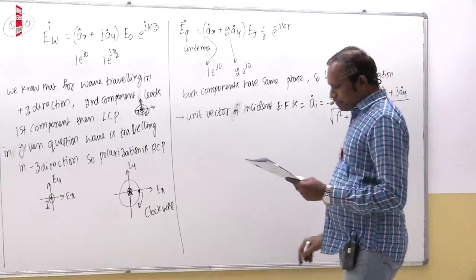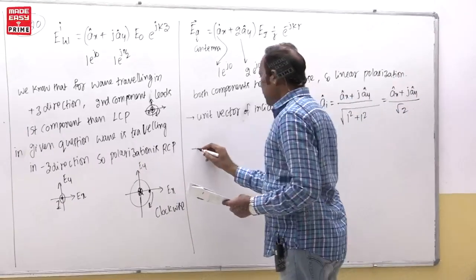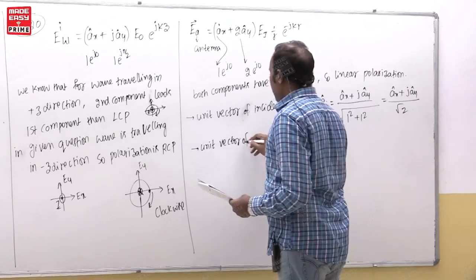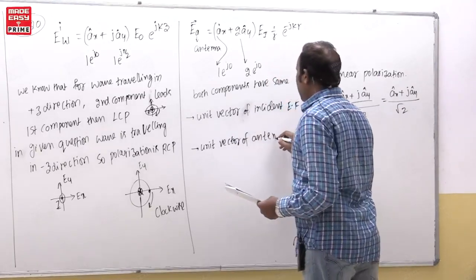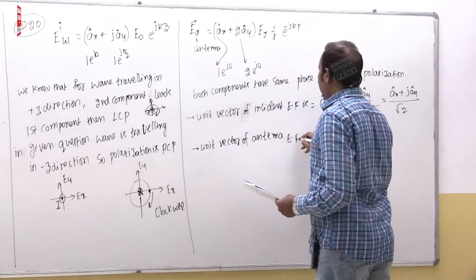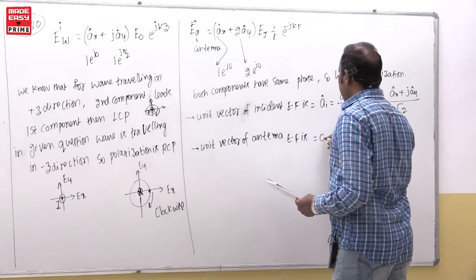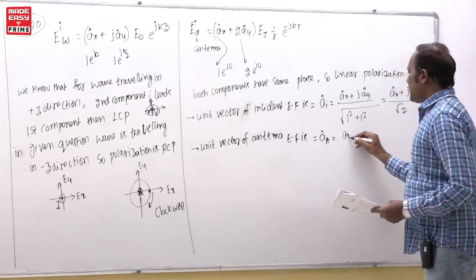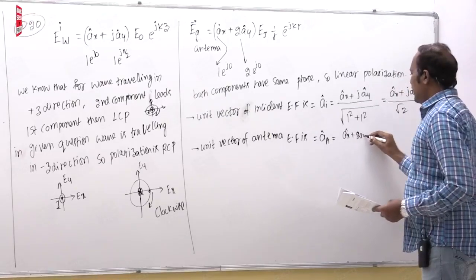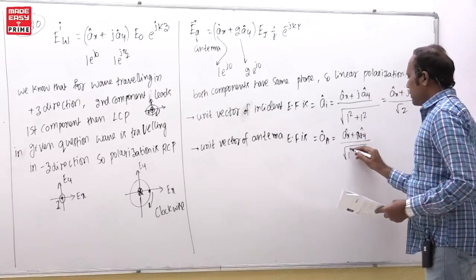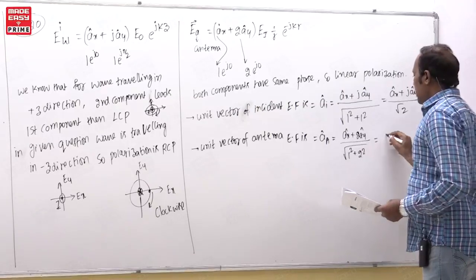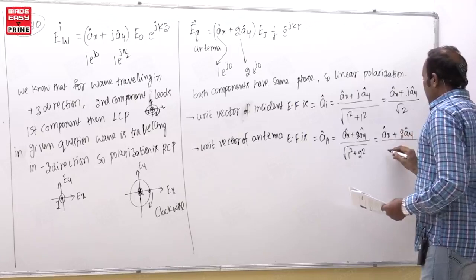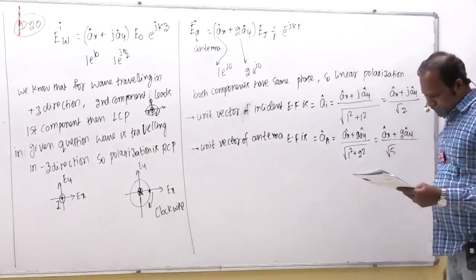And similarly, the unit vector of the antenna electric field is a_A, equal to (a_x + 2a_y) divided by root of 1 square plus 2 square, that is divided by root 5.